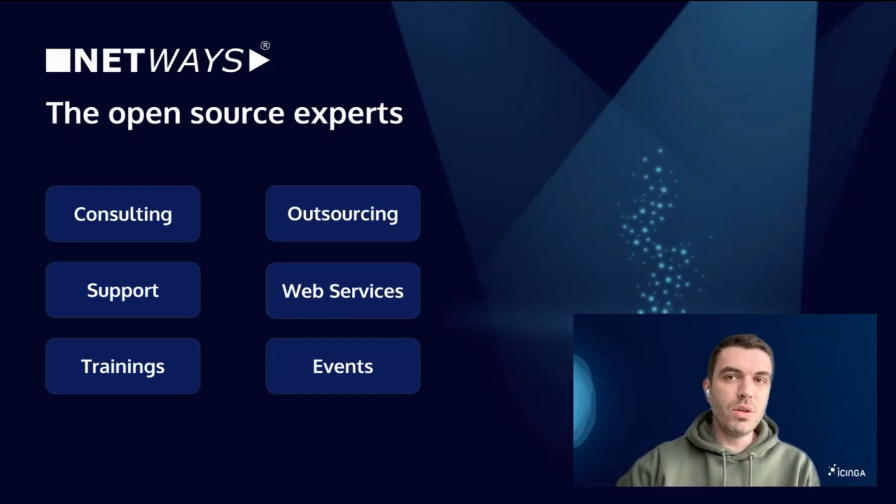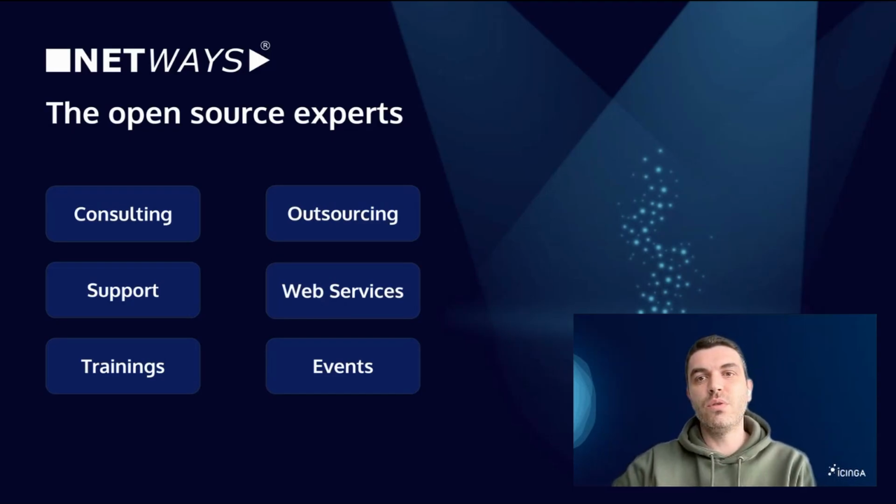They also offer these services for Grafana, Elasticsearch, Ansible, Kubernetes, and many more open source tools. When it comes to the intersection of Icinga and Ansible, NETWAYS are basically the experts because they are the creators and maintainers of the Ansible collection for Icinga, the very collection we will be working with today.